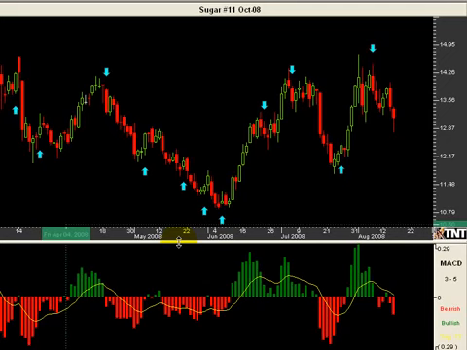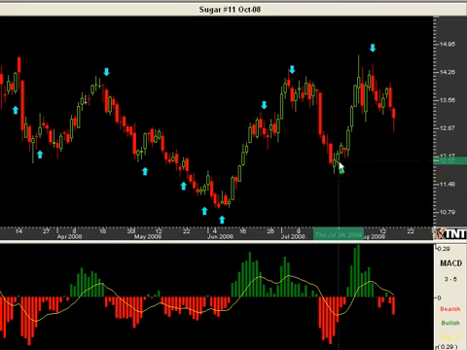These settings are 3, 5, with a trigger period of 13. So now we're looking at a 3-period moving average against a 5-period moving average and a 13-period trigger line. You can see that this gives us many more signals, but they're also faster.